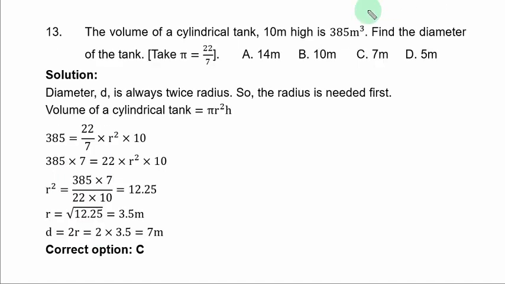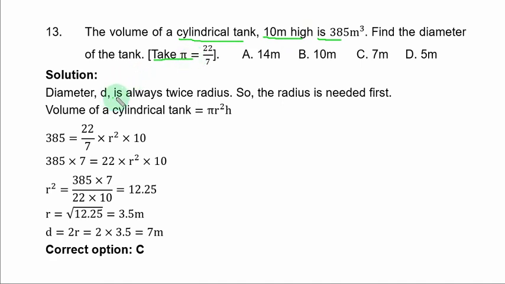Question 13. The volume of a cylindrical tank 10 meters high is 385 cubic meters. Find the diameter of the tank. Take pi equal to 22 over 7.